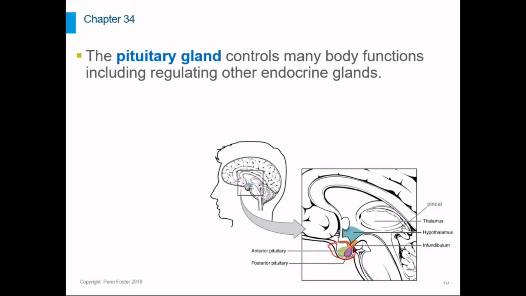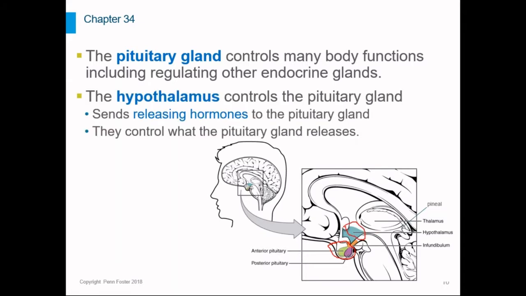And then also the hypothalamus, which is here, also in the brain. The hypothalamus controls the pituitary gland. It does this with releasing hormones. Those are hormones that go to the pituitary gland and control what the pituitary gland releases.